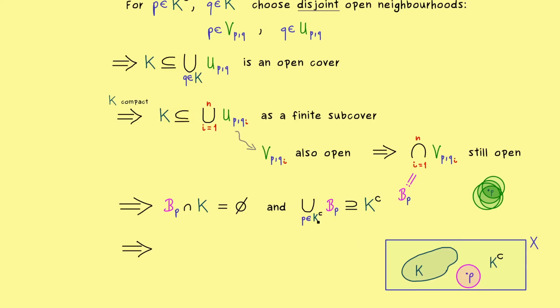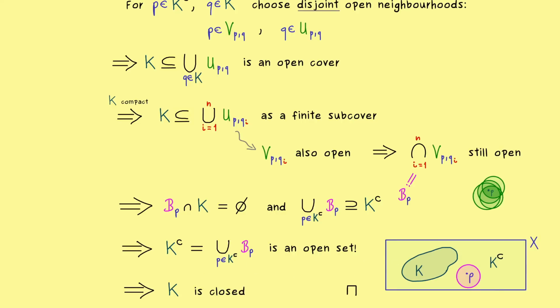If the union here covers the whole complement of K, but we don't have any intersection with K itself, then we need to have an equality here. Hence, the complement of K is a union of open sets. And we know by the definition of a topology that a union of open sets is still an open set. This is exactly what we wanted to show. The complement of K is an open set, so K itself has to be a closed set. And this finishes our proof.